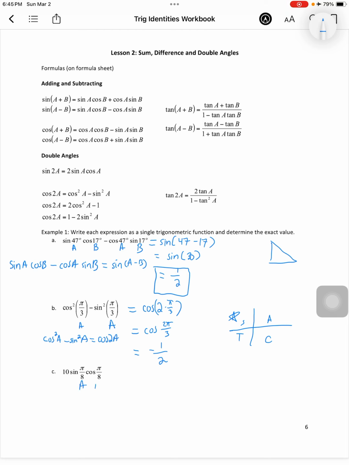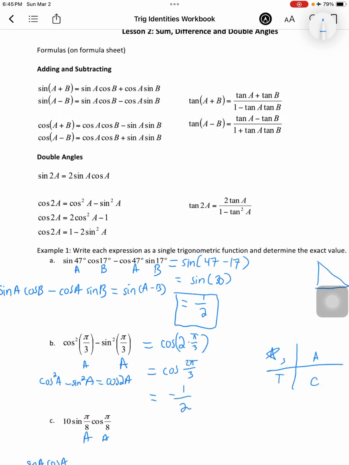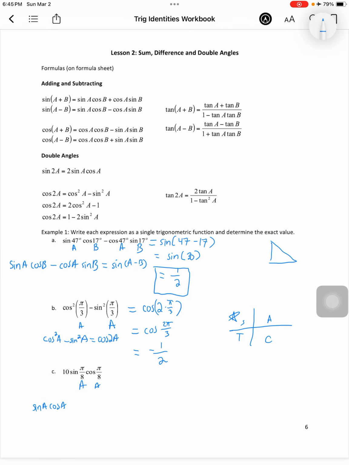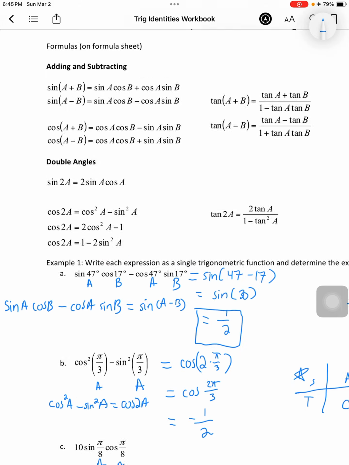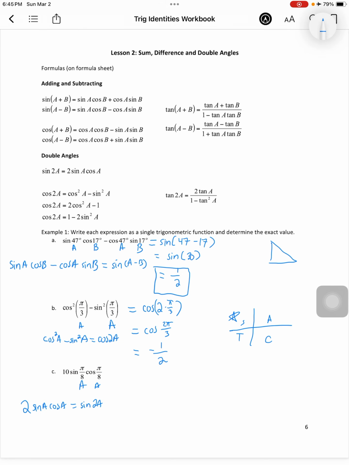So these are the same values, so we're just going to label them A and A. So here, we're going to ignore the 10 for now, but we have sine A cos A. So sine A cos A is most similar to the equation 2 sine A cos A. But in order for this to be true, there has to be a 2 at the front here, right? Because again, sine 2A equals 2 sine A cos A. So you need to have a 2 at the front here.